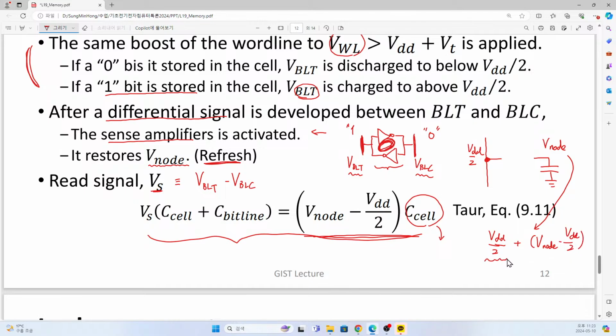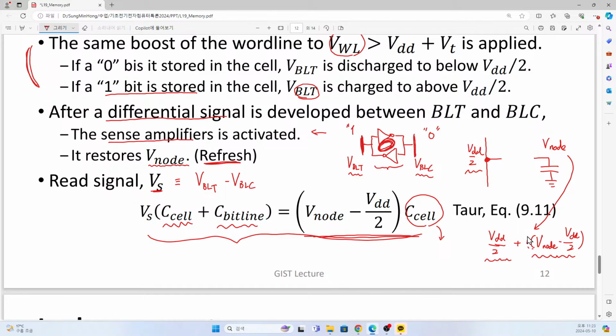So since this number is equal to this number, even when we connect these two nodes, this is just given as background value. Only this additional value will be shared by two different capacitors, like cell capacitance and bit line capacitance.